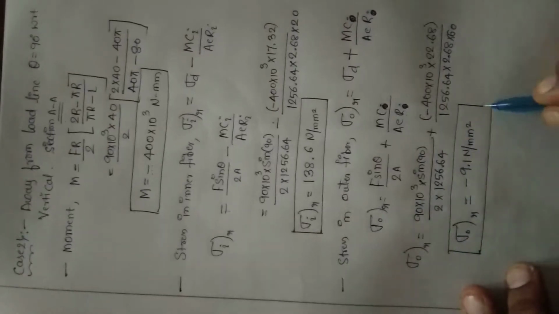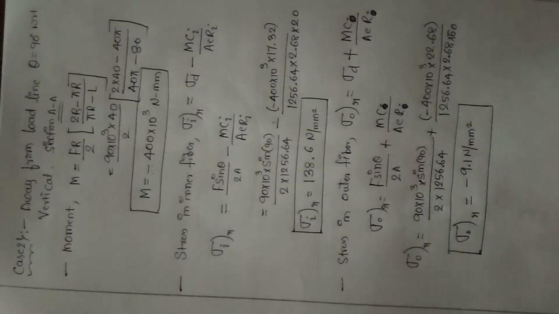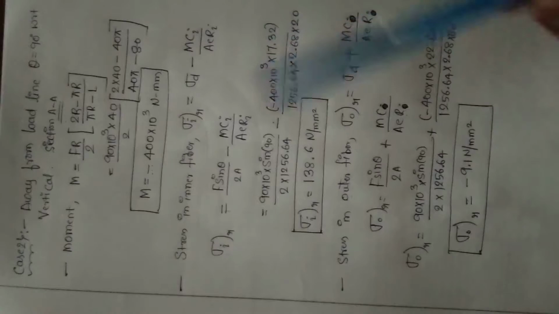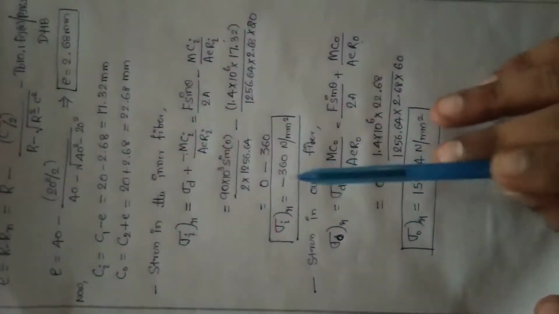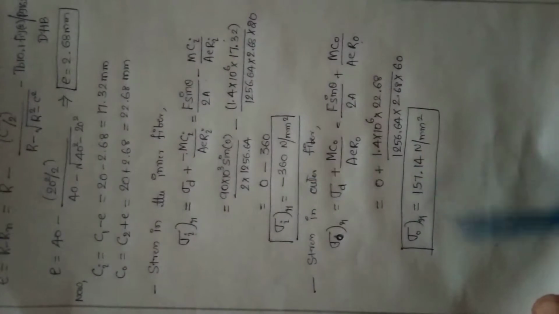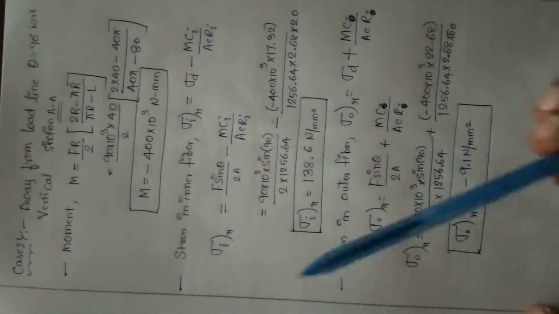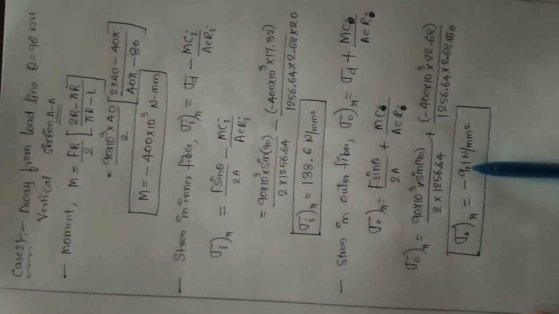By this we can observe the orientation. When theta equals 0, I got the inner fiber negative and outer fiber positive, meaning the inner fiber is in compression and the outer fiber in tension. But when theta equals 90 degrees, I got the inner fiber positive and outer fiber negative.